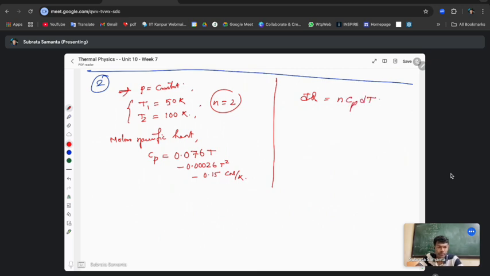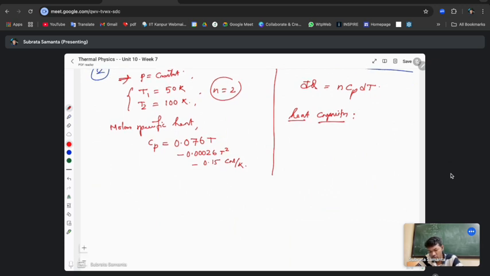This is the concept of specific heat or heat capacity. Just a quick recap: what is the heat capacity? If you ask how much heat needs to be supplied to an object to raise its temperature by a small amount dT.